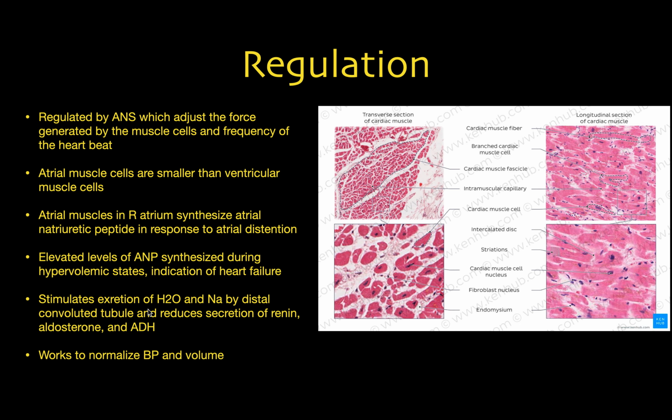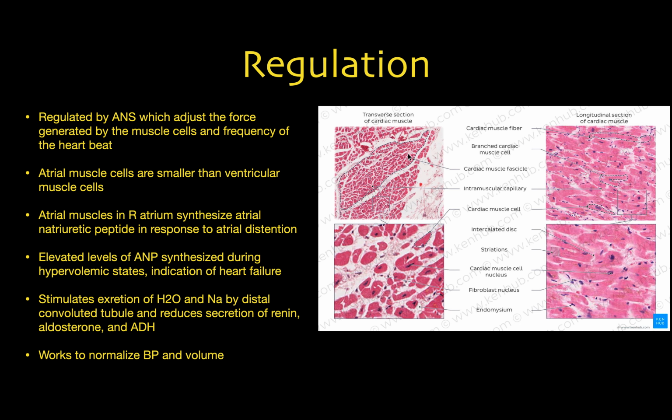The ANP also stimulates the excretion of water and sodium via the distal convoluted tubule in the kidney, and it also reduces the secretion of renin, aldosterone, and the antidiuretic hormone. And all of it works together to normalize blood pressure and the volume of blood.